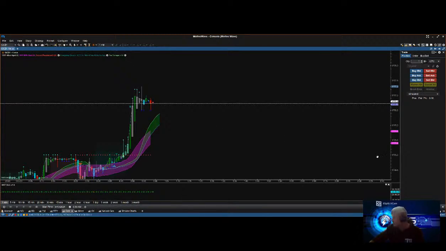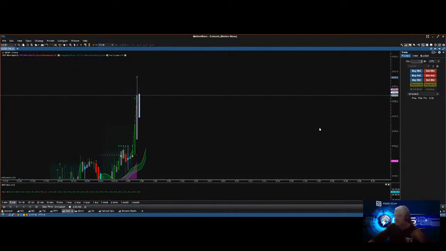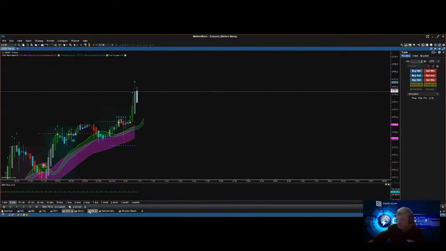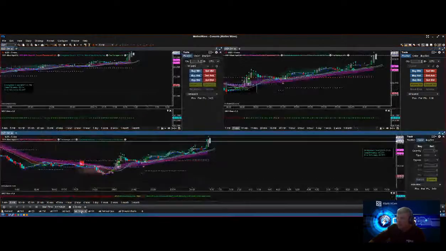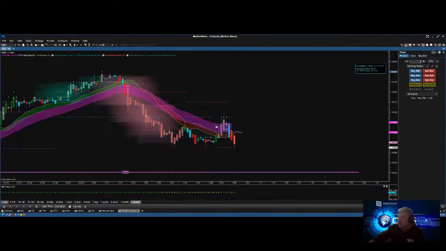All right, so got about 20 seconds. We're going to throw up this 5 minute right here. Boom, boom, boom. And see where we go. Now, silver correlates really well with gold, but we're gonna continue looking at this.